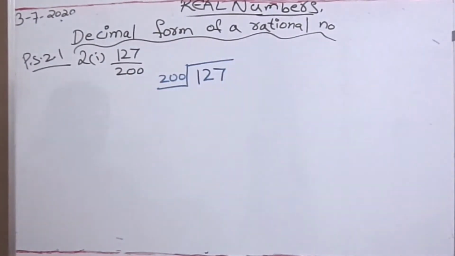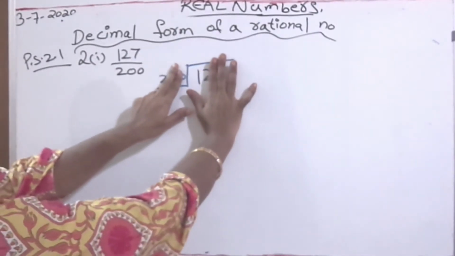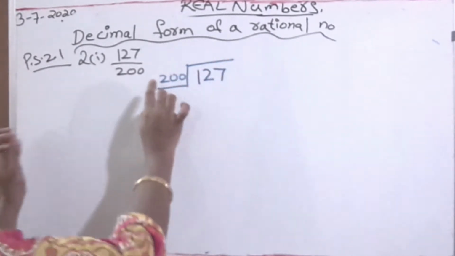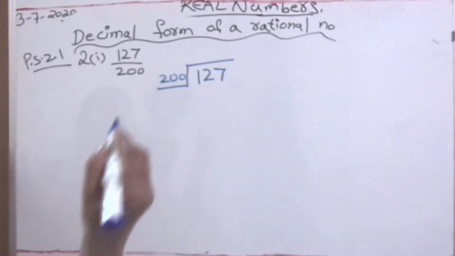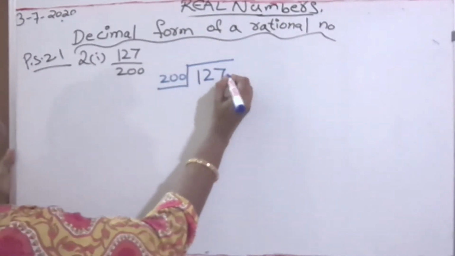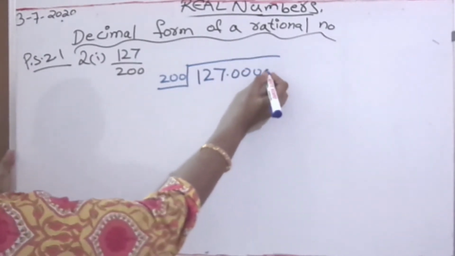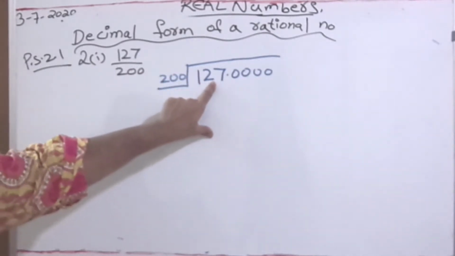Now, you hide 7 and hide 2 zeros from here. 2 goes in 12 how many times? 6 times. So 200 into 6. First we'll write down 0.0000. And now 200, does it go in 127?